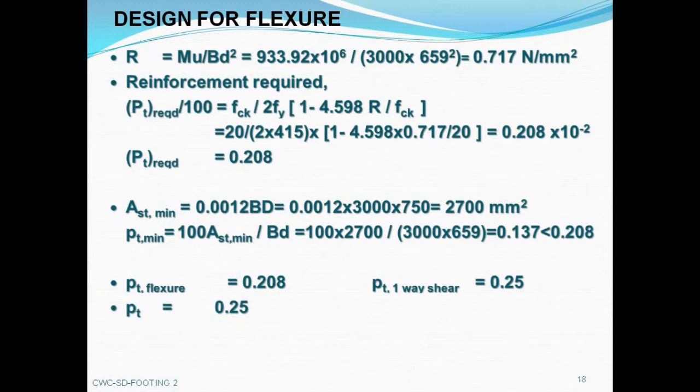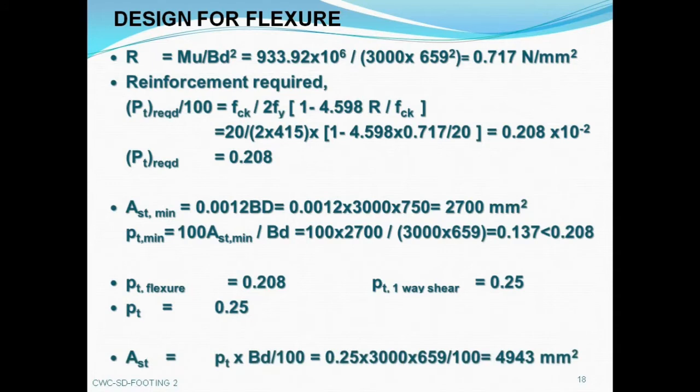If we have so much difference, we have to redesign the section. We know PT is equal to 100 AST by BD. From this we can calculate AST as PT into BD by 100. So we get the value of AST required as 4943 mm square.